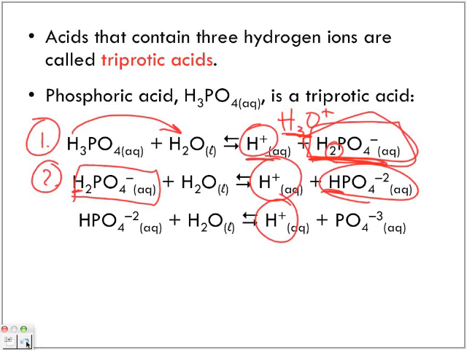But as we said, the first one is always considered stronger than the second acid. This second acid is still stronger, even though it's weaker than this one. So this first reaction is more likely to happen, and then the others follow. But again, notice how they're reversible.